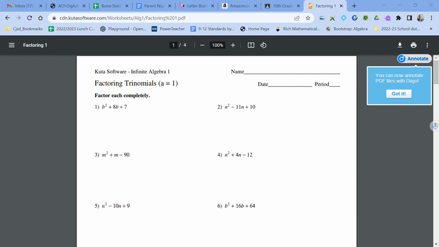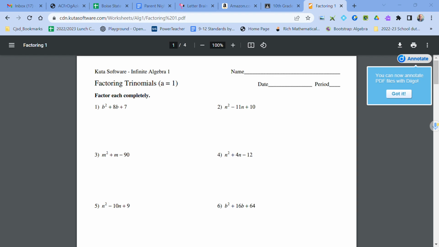So now, what is the area of the whole thing? The first part in this corner is m squared. The back part in this corner was negative 90, and we planned it that way. But here's the trick.